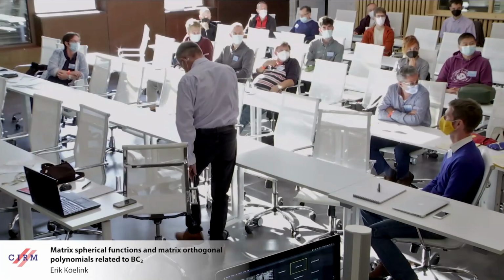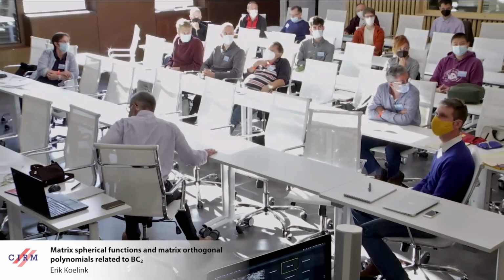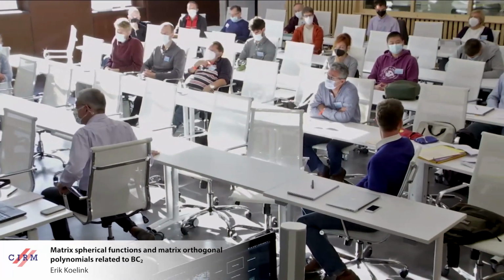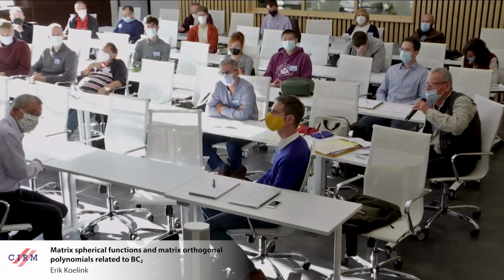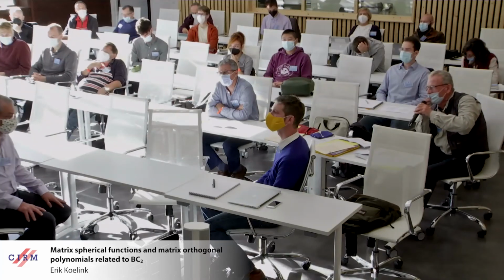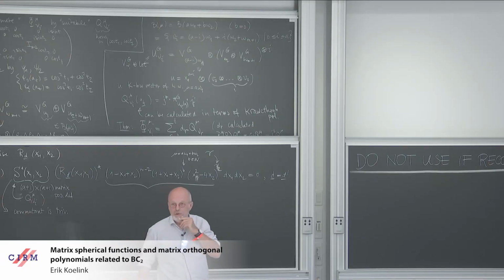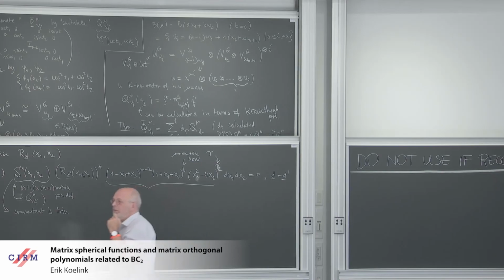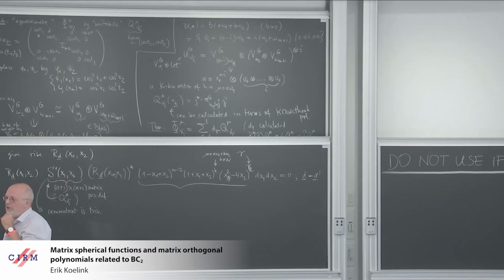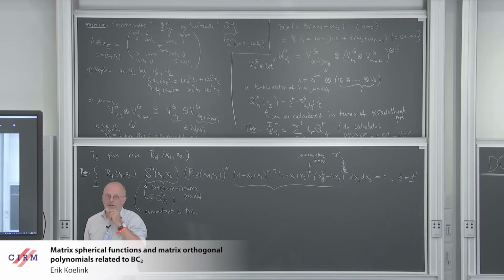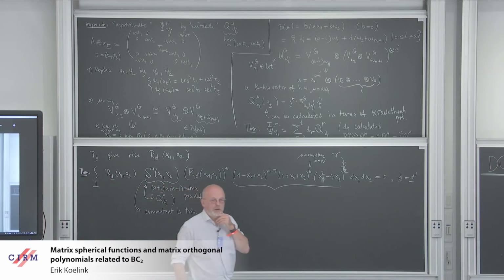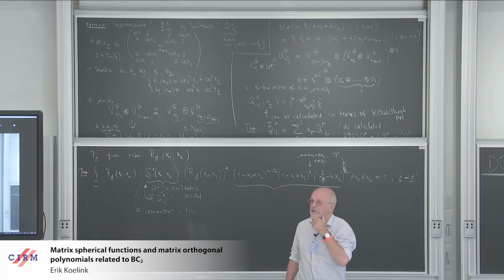If I understand well, you mentioned product formula in the last part of the talk. Yes, this is still open to do. Can you develop it slightly? Well, the problem is that we haven't had the time to look at it yet. There is a general statement about product formulas for these matrix spherical functions, which goes back at least to the 70s by Tirao and so on.